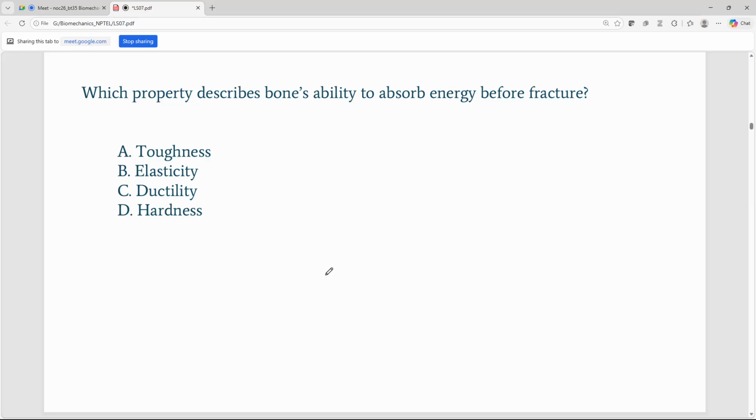Next question. Which property describes bone's ability to absorb energy before fracture? Options are option A, toughness, option B, elasticity, option C, ductility, option D, hardness.